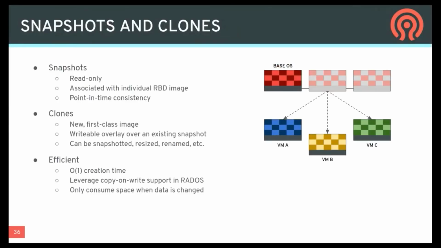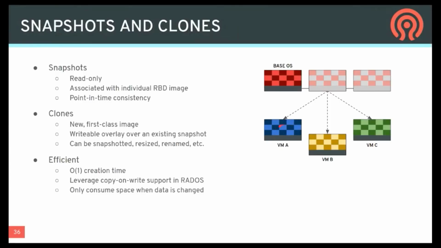Create a snapshot of that, and then every time you create a new virtual machine in your cloud environment, you simply, in order one time, create a writable overlay of that operating system snapshot, and then start making changes on top of it. And then it kicks in all the copy-on-write behavior. So you can instantly start booting up new virtual machines with a full-blown existing OS install image.